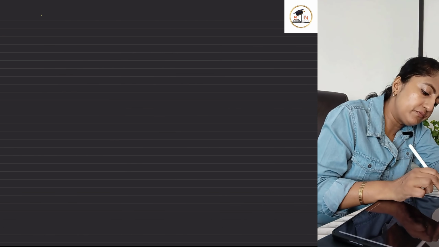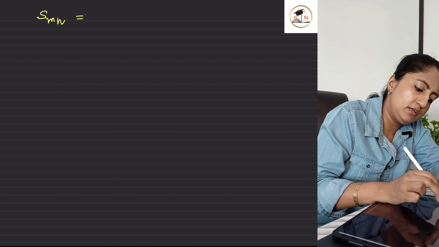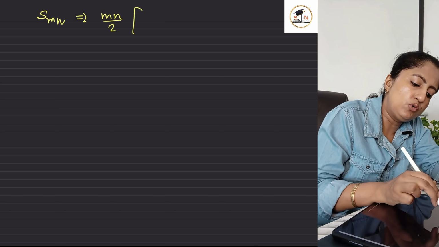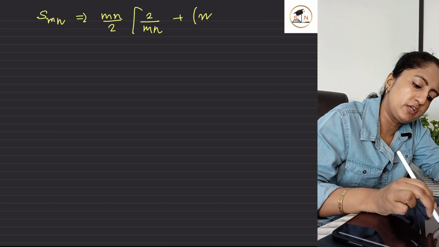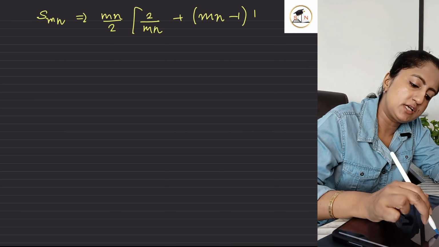Let's start with that. So they have asked Smn, which comes out to be mn over 2 times 2a. a was 1 over mn, plus it is supposed to be n minus 1. Now in place of n, it is going to be mn minus 1. And d was again 1 over mn.